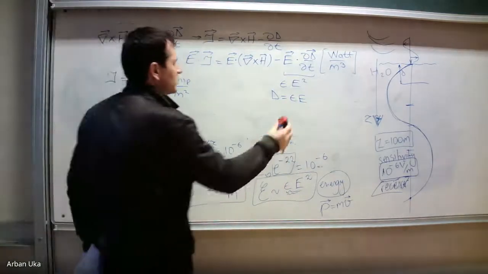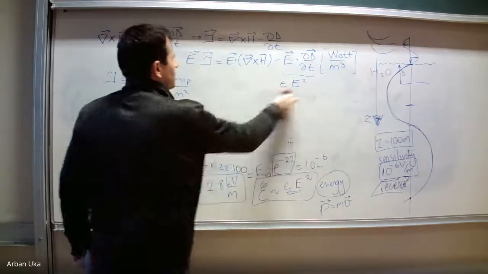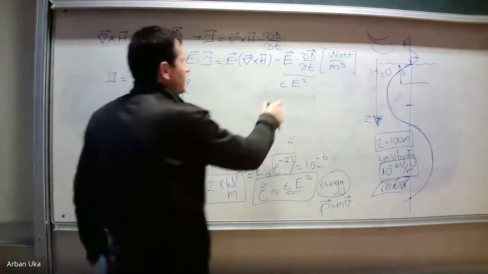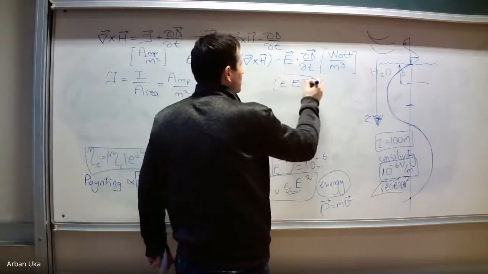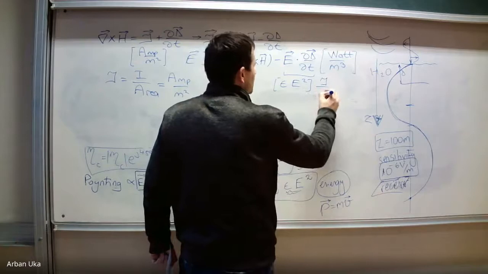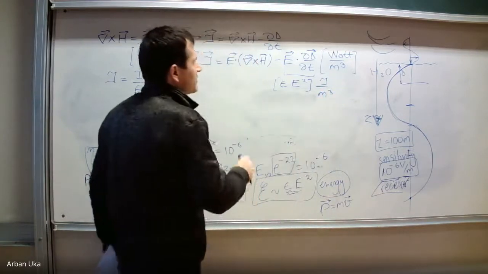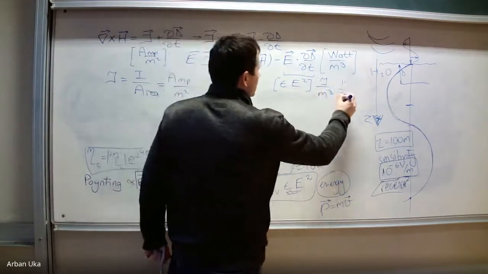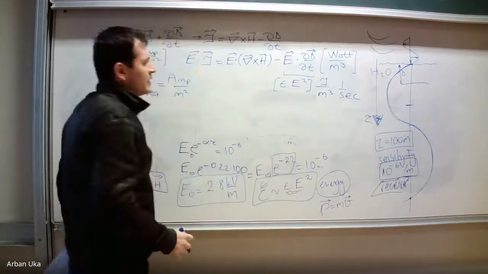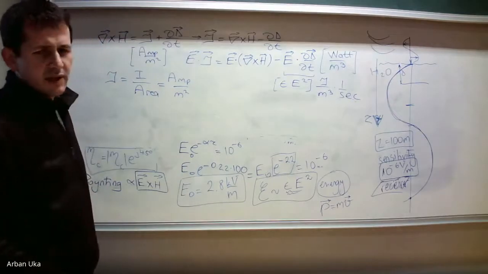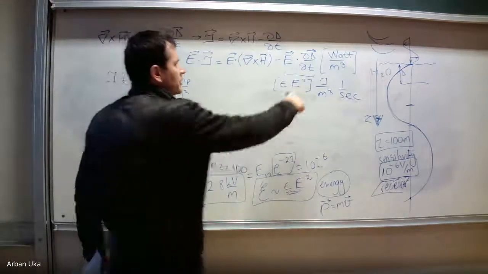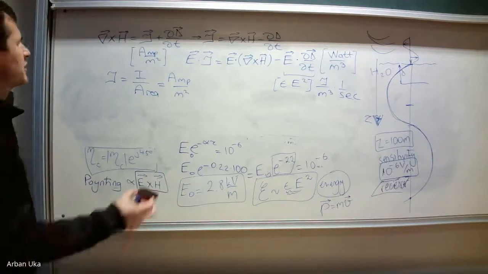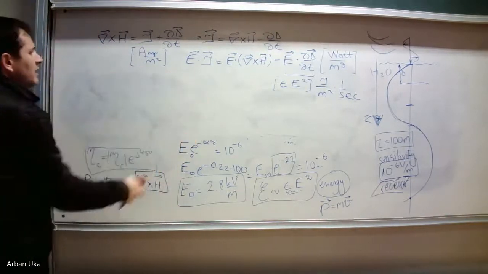We already know this one from the previous courses that we have taken, that this is an energy density, in Joule per meter cube. But since we also have the time derivative, this is Joule per meter cube times 1 over second. Joule times 1 over second is watt, or watt per meter cube. So this is what we see from this expression at this point.